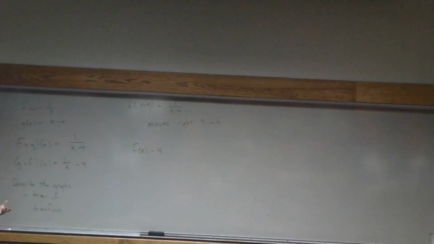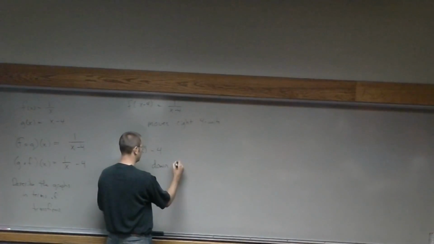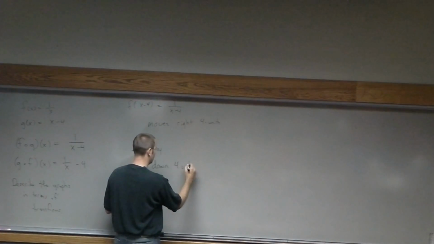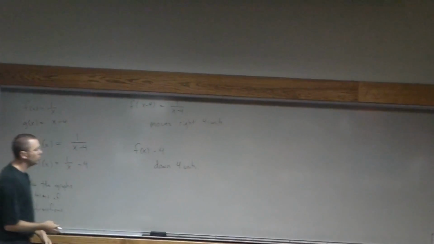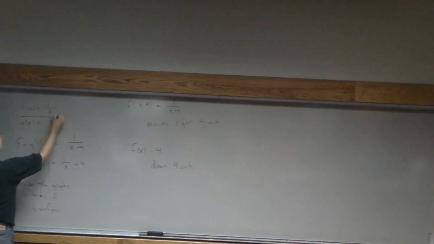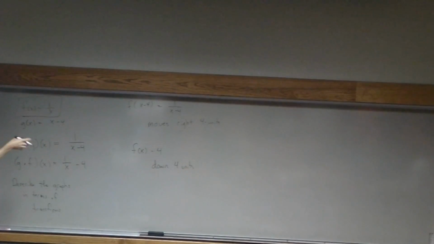It shifted our graph of f of x down 4. And so, if the next question was to graph these, you know what the transformation has done. Hopefully, you remember what the graph of 1 over x looks like. Knowing what the transformations are, knowing what 1 over x looks like, should make it easy to graph these functions at this point. Okay?